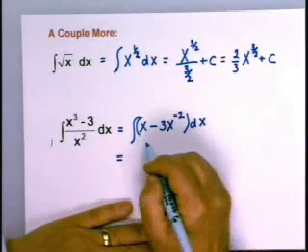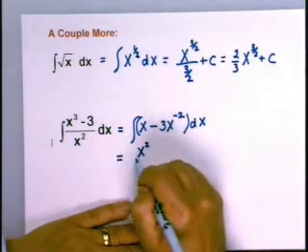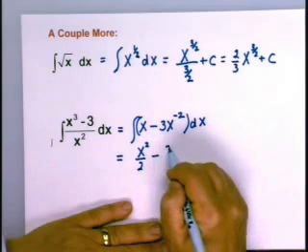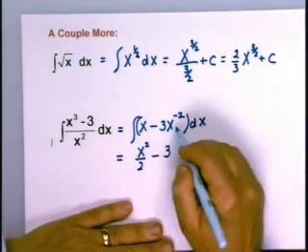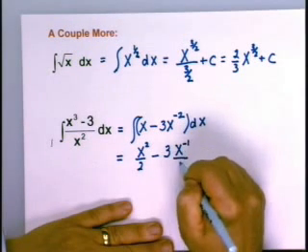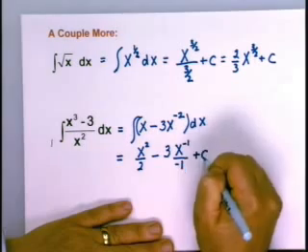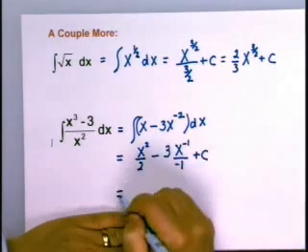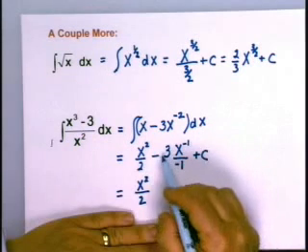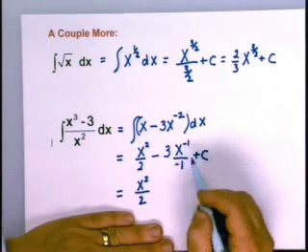So integrating x, I get x^2/2. Integrating minus 3x^(-2), I would keep the minus 3, integrate x^(-2) to get x^(-1) divided by -1, plus c. I can simplify this second term, the minus 3x^(-1) over -1.